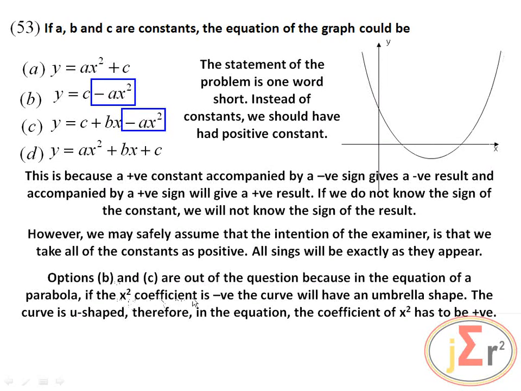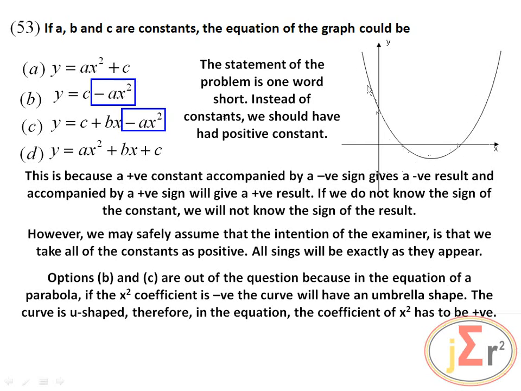If the x squared coefficient is negative, the curve will have an umbrella shape, which is not the one that we have here. The curve is U-shaped. Therefore, in the equation, the coefficient of x squared has to be positive. The curve is U-shaped.